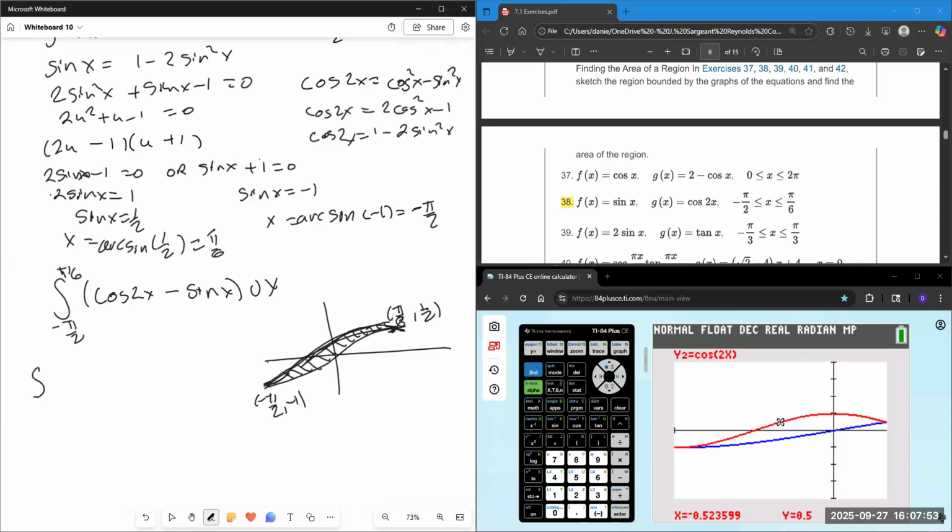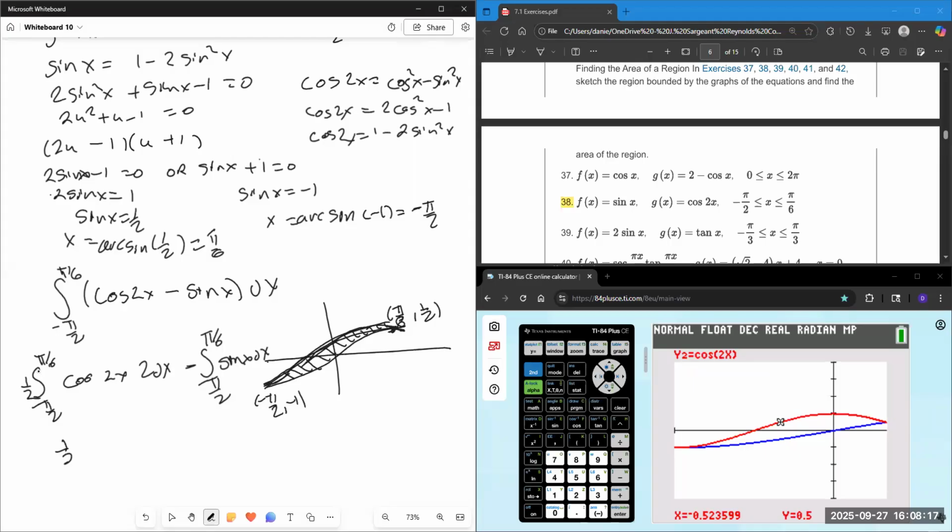So integral negative pi over 2 to pi over 6 of cosine of 2x dx, with a 2 and 1/2 to balance out, minus the integral from negative pi over 2 to pi over 6 of sine x dx.